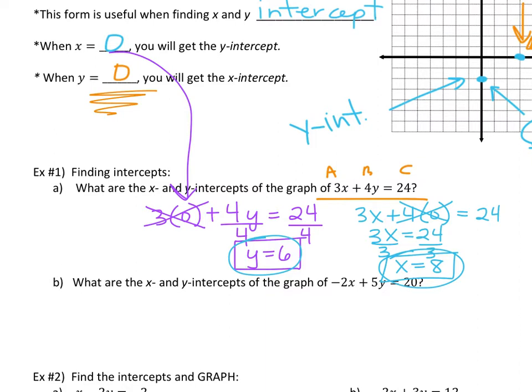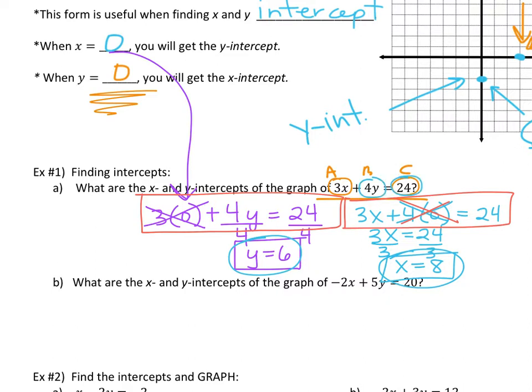Okay? Now I'm going to show you a much simpler way to do this so that you don't have to plug in a number every time. Notice what happened in both of these equations. When we plugged in 0 here and we plugged in 0 here, it just goes away, right? So essentially what we did was we said 3x equals 24, and then we said 4y equals 24.